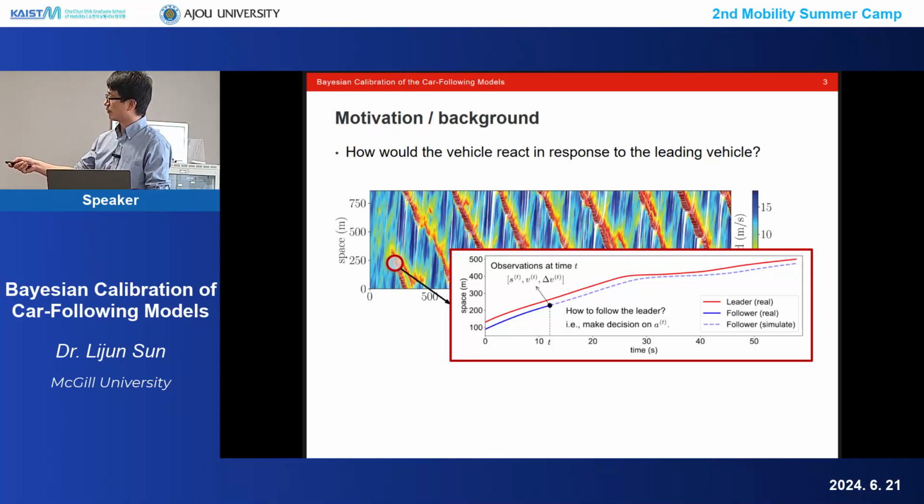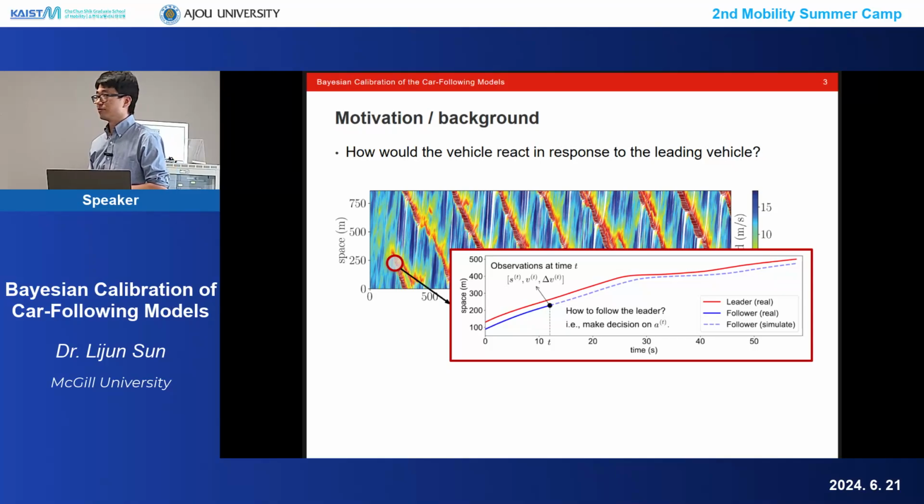So here we have a time-space diagram. The y-axis is location, the x-axis is time. The two curves refer to the trajectories of the two cars. We have a leading vehicle, in red, and a follower, in blue.